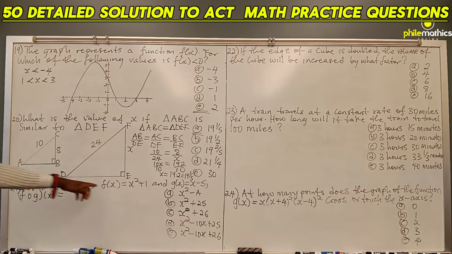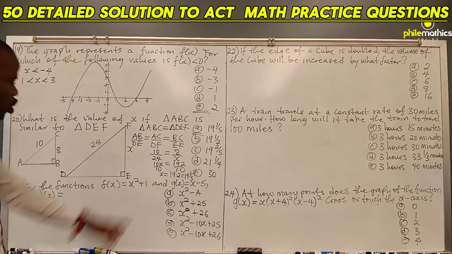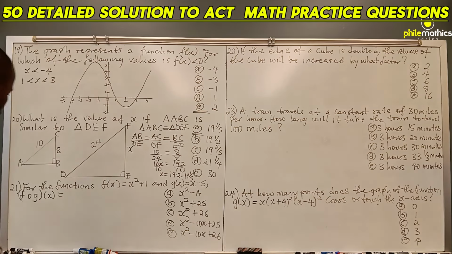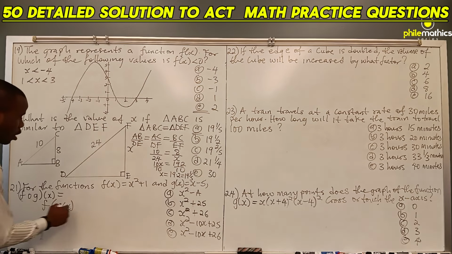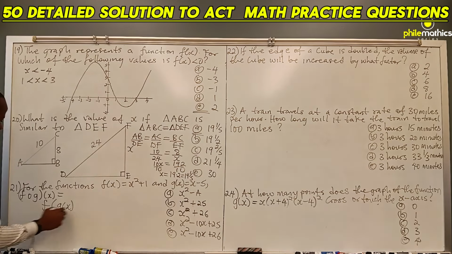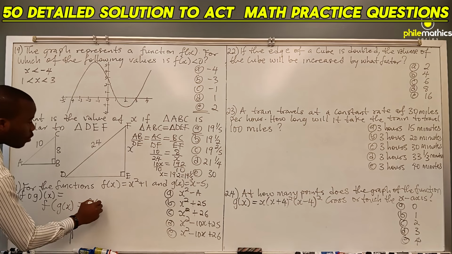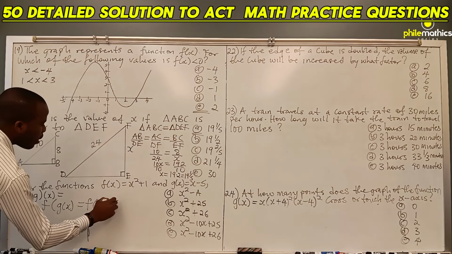For the functions, f of x is x squared plus 1 and g of x is x minus 5. Find the composition of the functions. So what we'll do is to take f of g of x. What is g of x? So it will be f of x minus 5.